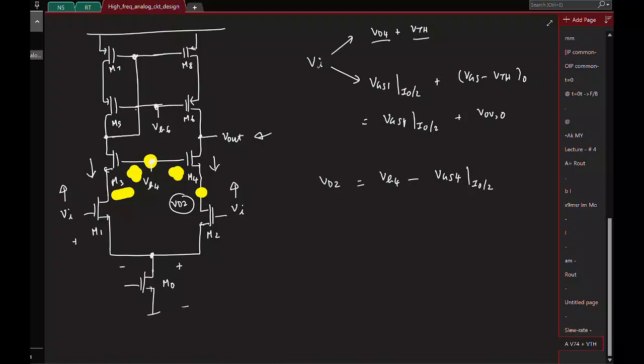This is VD4 plus VTH. Sorry, VD2 plus VTH. So VI max is... okay. So let's stop here and we'll continue.